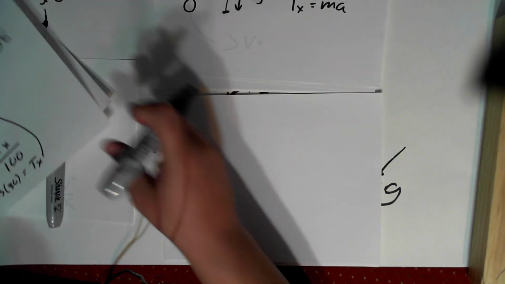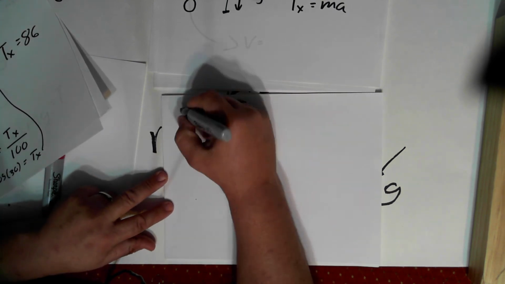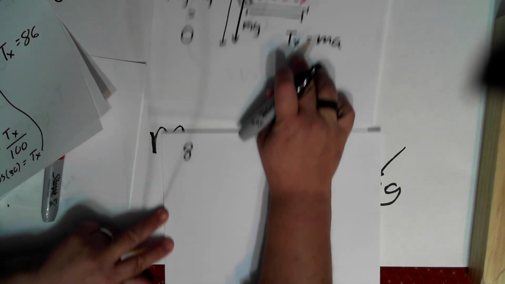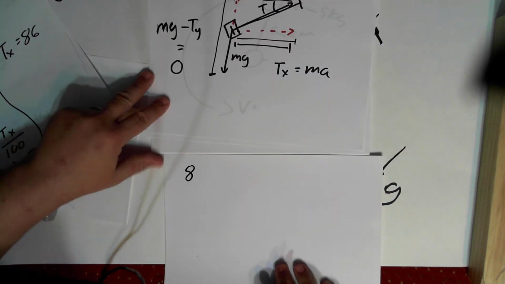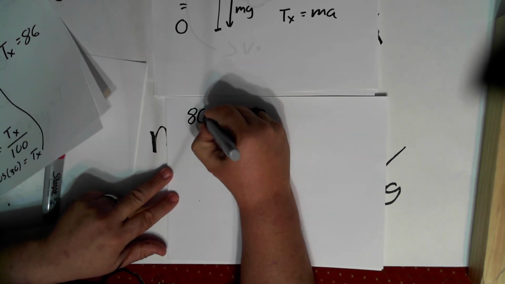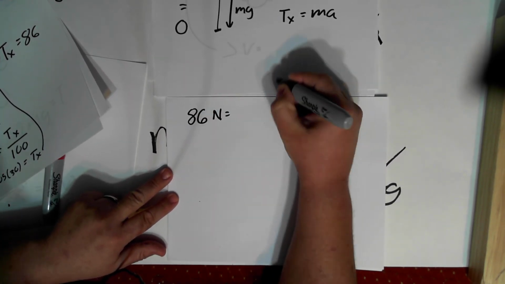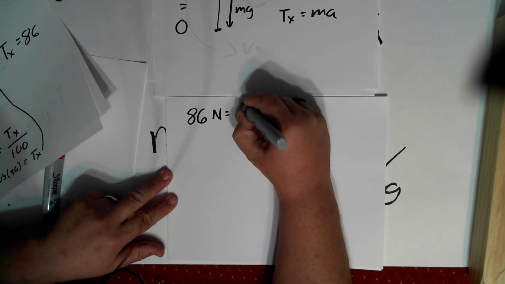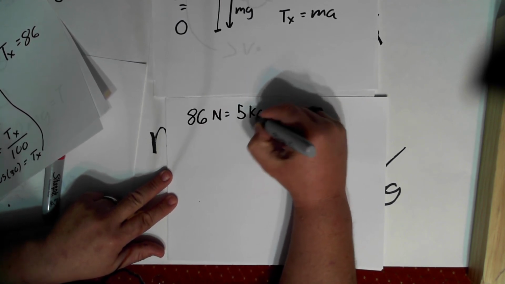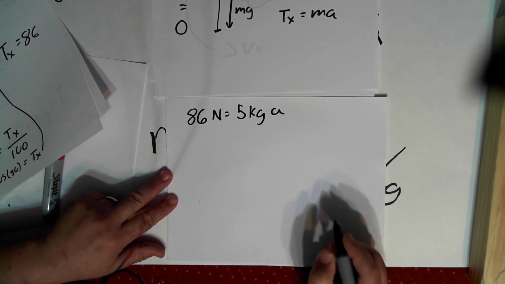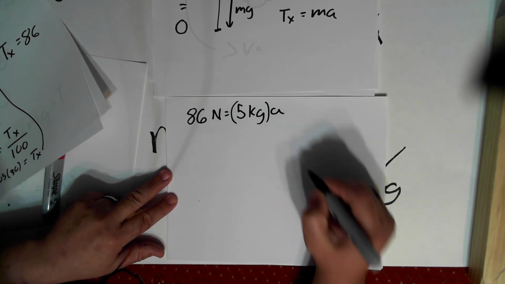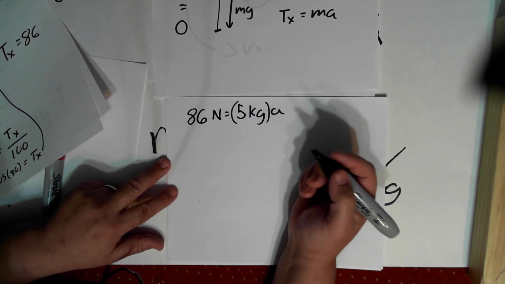Now for the last part of this calculation, tx is equal to ma. I said tx is 86 newtons. That's equal to my mass times my acceleration, which is 5 kilograms times a. I don't know what my acceleration is yet, but I can find it pretty easily.